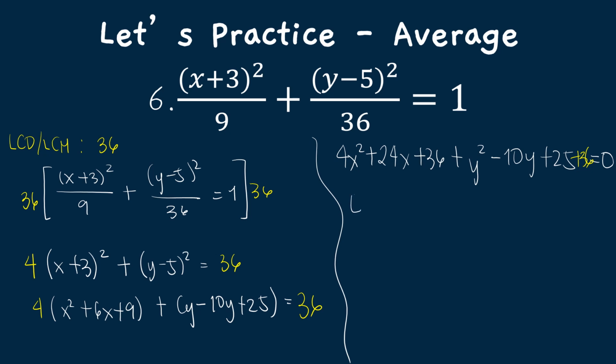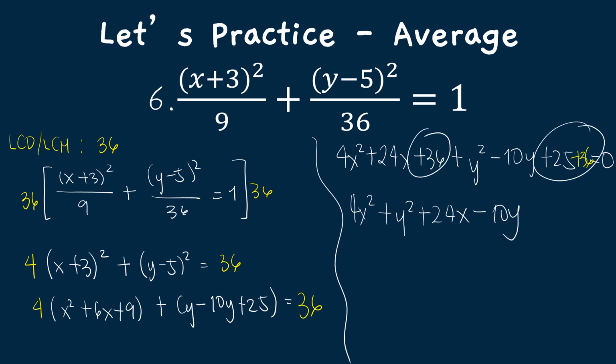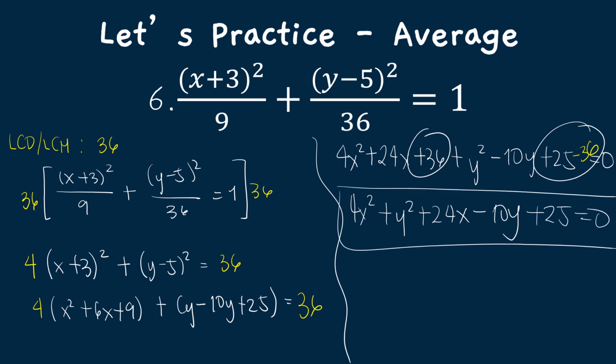So arrange it: 4x squared plus y squared plus 24x minus 10y, then 36, 25 and 36. So this should be negative 36 instead of positive. Okay, minus 36 here. So 36 minus 36 is 0, but there is still remaining 25, so you will write plus 25 is equal to 0. And this is already your final answer for example number 6.